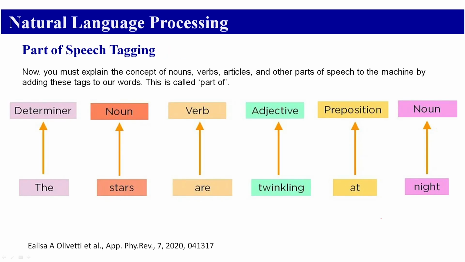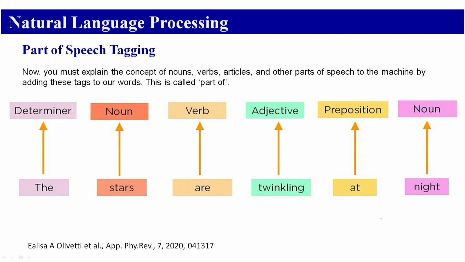So, now we also need to do parts of speech tagging, right. That is very important, parts of speech, because whenever you learn a language you always learn parts of speech: noun, pronoun, verb, adjective, preposition, everything. Determiner like the, a and the, nouns like stars. See the sentence: the stars are twinkling at the night. So, "the" is the determiner, star is the noun, verb is "are", okay.